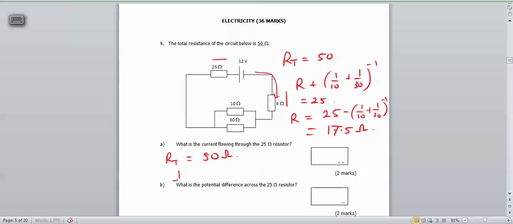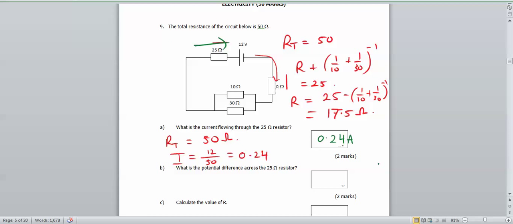So therefore, the current is equal to the voltage, which is 12, divided by 50, so 0.24 amps. So we know that the current in is going to be the current out, so the current coming through the 25 ohm resistor is the total current, which is 0.24 amps.